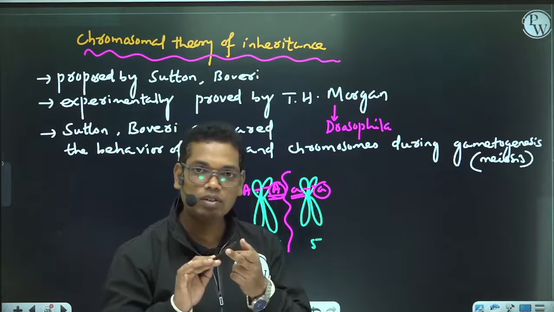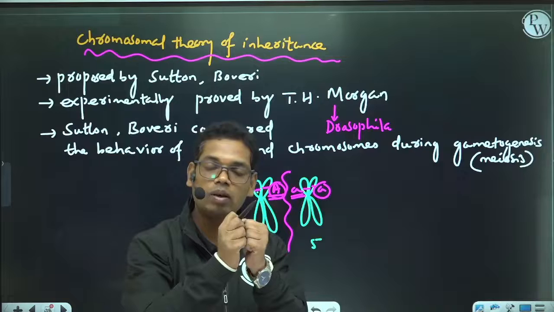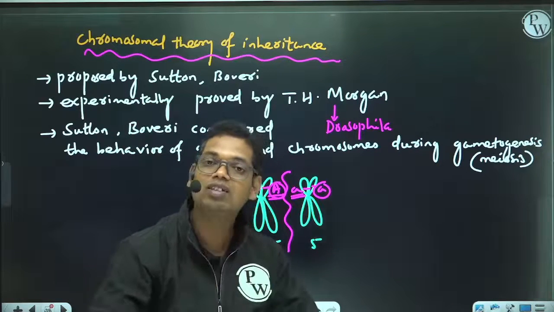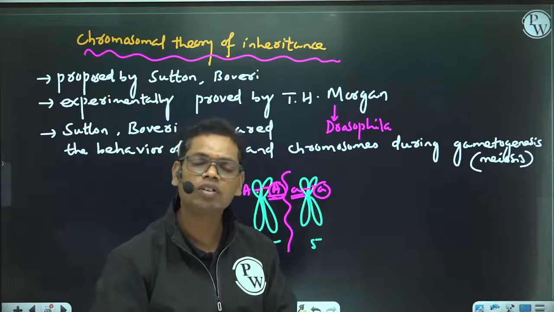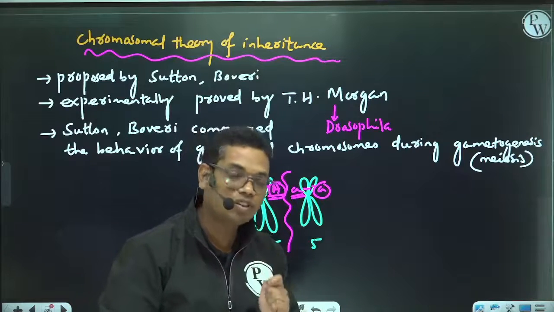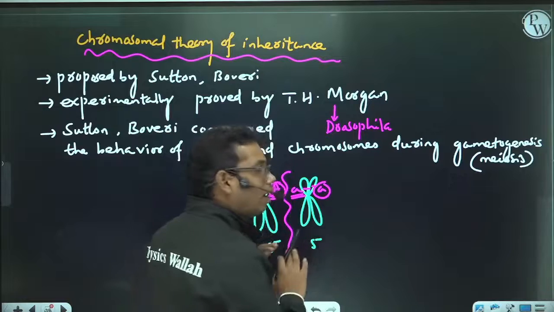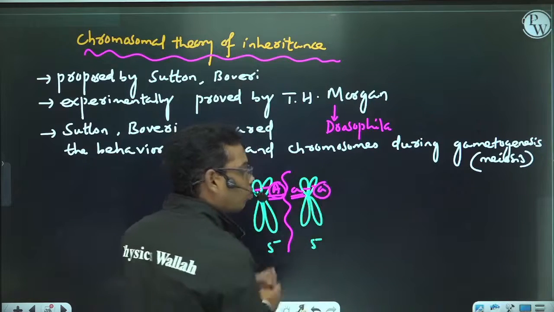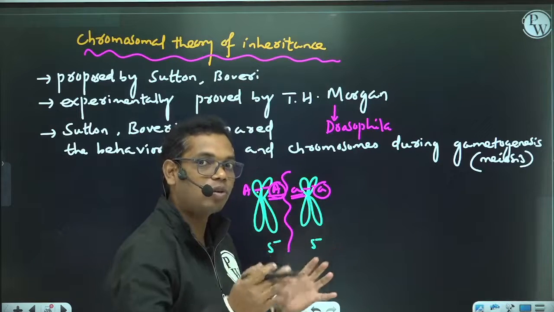In synapsis, the homologous chromosomes pair with each other, which will result in the pairing of the genes or the alleles they carry. Third point, in anaphase I, when the homologous chromosomes separate, at that time the alleles will also get separated. The capital A will get separated from small a. The capital T will get separated from small t.